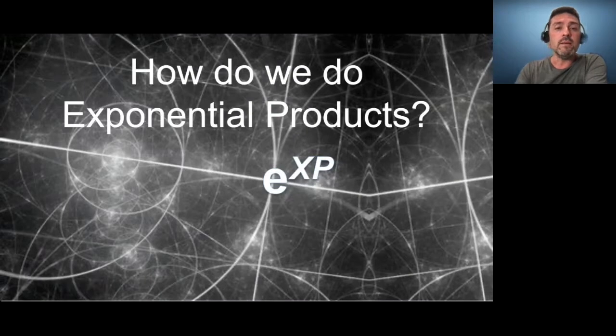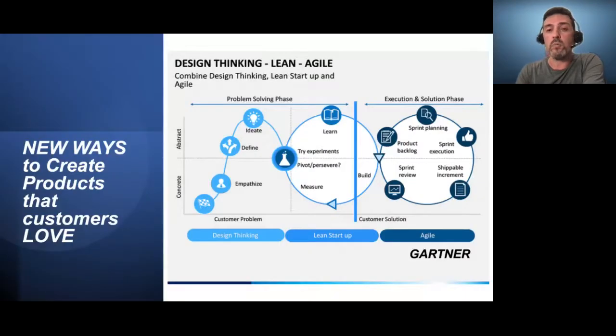And finally, what are some advices or key things that I need to have or understand in order to create these exponential products, going specifically to the product? There is several guidance. We are here in a conference that promotes DevOps and other methods.